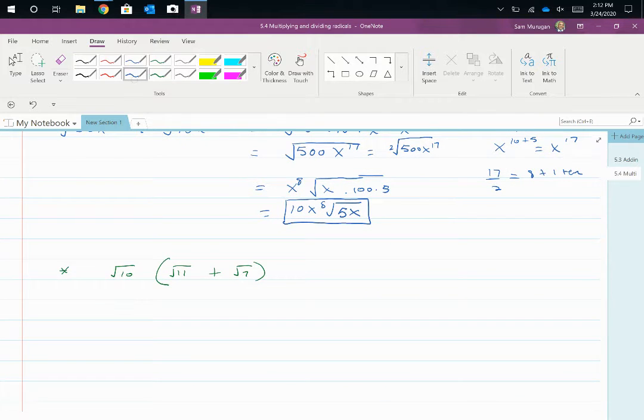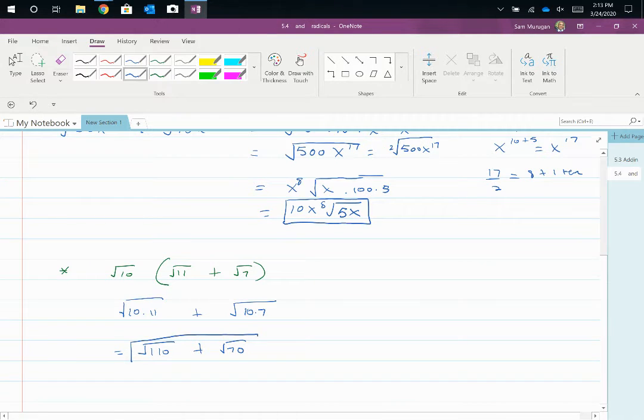So distributing, we would get square root of 10 times 11 plus square root of 10 times 7, which is the square root of 110 plus the square root of 70. Neither 70 nor 110 have any perfect squares in them, so the problem at that point is solved.